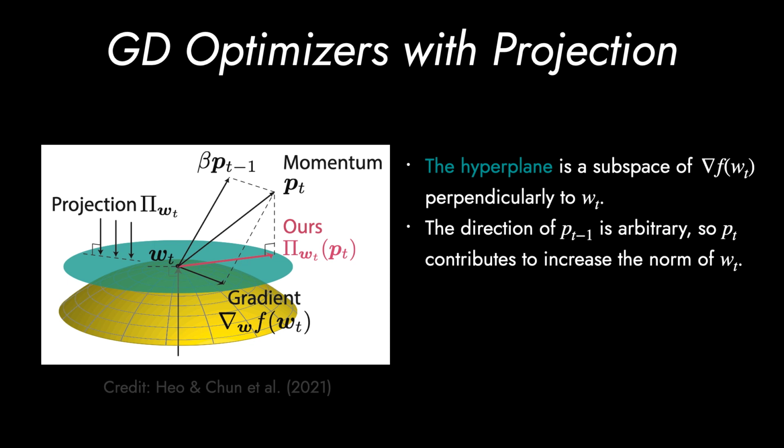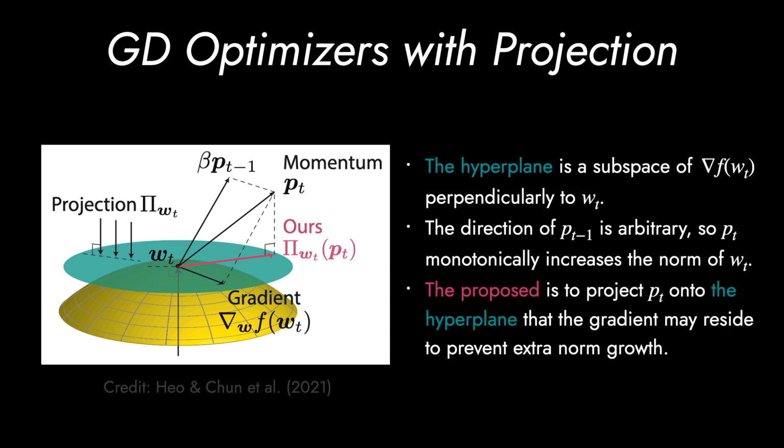The direction of p_{t-1} can be arbitrary compared to the gradient. p_t contributes to increasing the norm of W_t more rapidly compared with the vanilla GD update with only the gradient. The proposed method is to project p_t onto the green hyperplane where the gradient may reside. It prevents extra norm growth by the momentum.